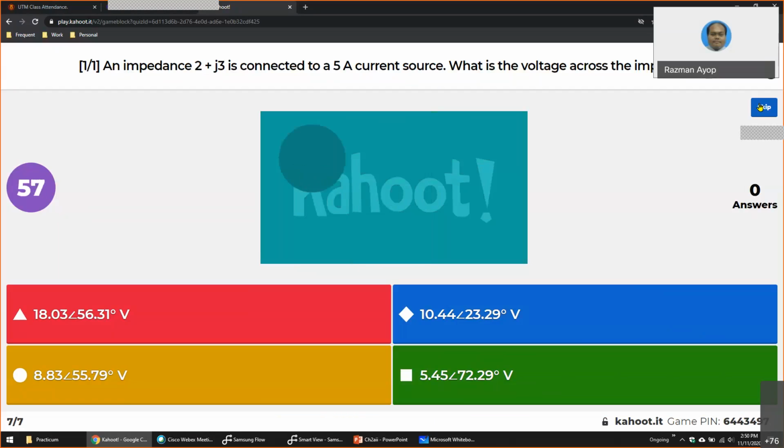So what is the voltage across the impedance? So use your calculator. 5 ampere is in RMS. Automatically, if you are given a magnitude only, it is an RMS value. Use Ohm's law. You have 30 more seconds.